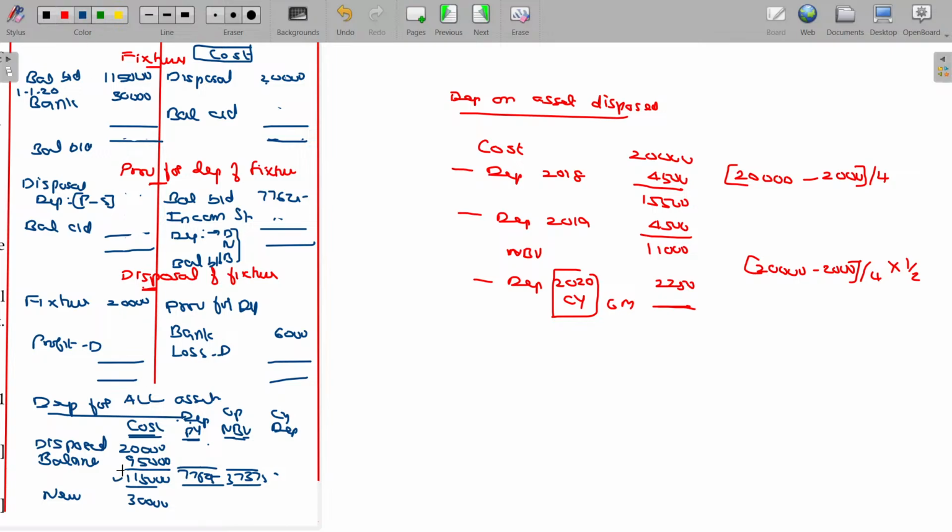Overall, we have 1,15, out of that disposed asset being 20, balance being 95. Overall, accumulated depreciation being 77,625. Out of that, accumulated depreciation for the asset disposed up to the previous year being 4,500, 9,000.